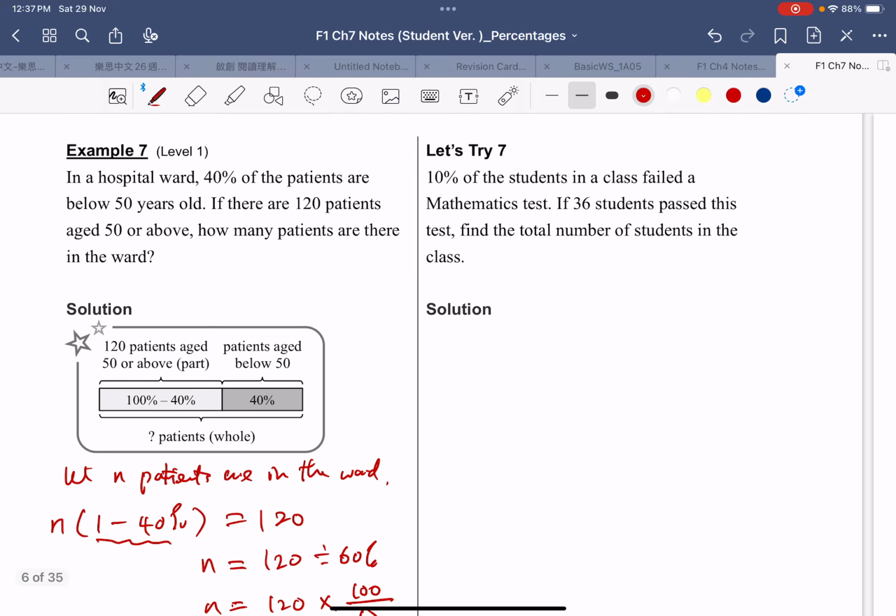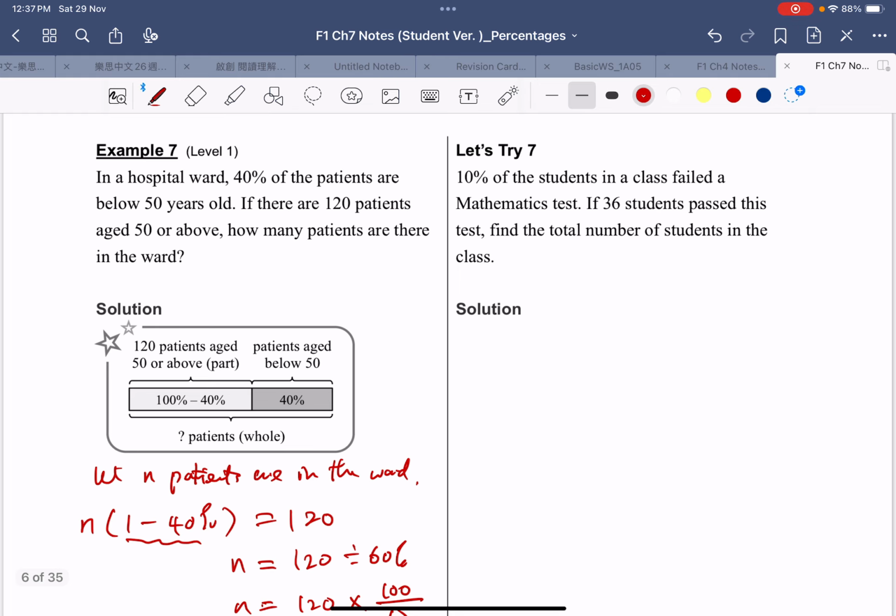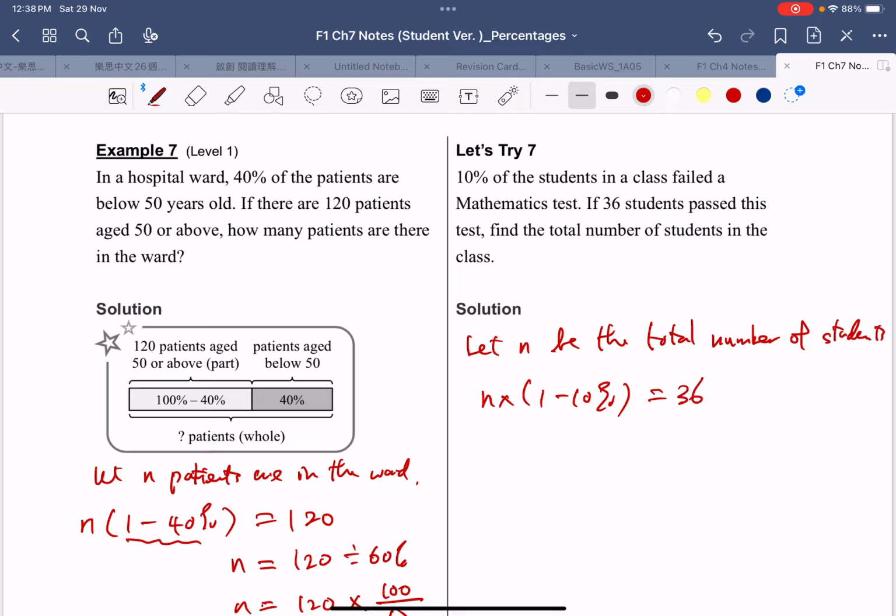Right, now your turn, try this question 7. Okay, let N again be the total number of students. Then N times 1 minus 10% equals 36.